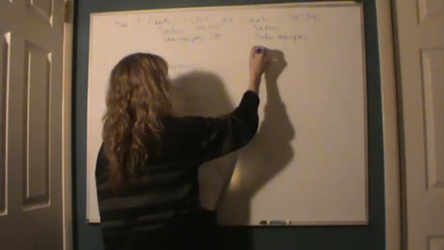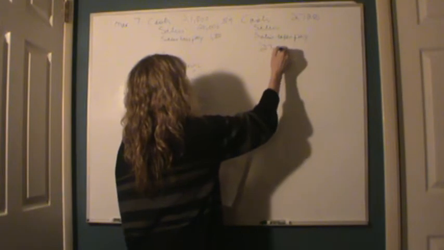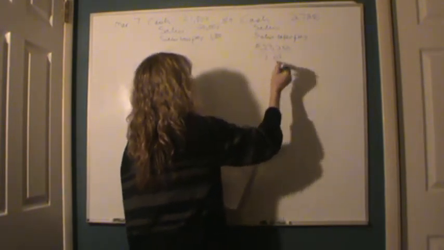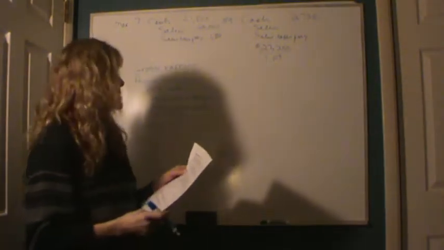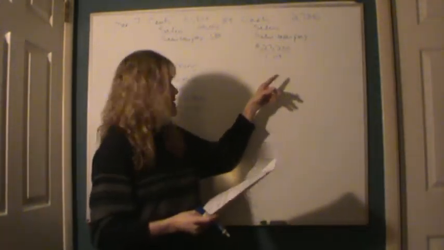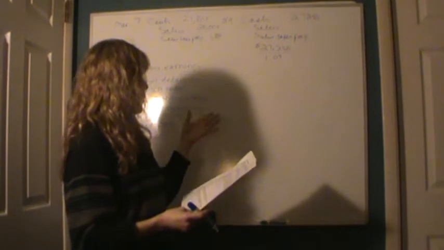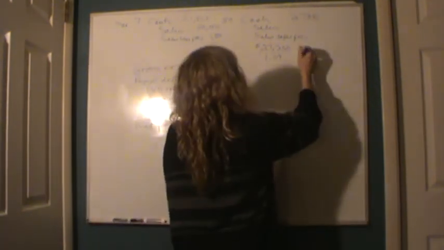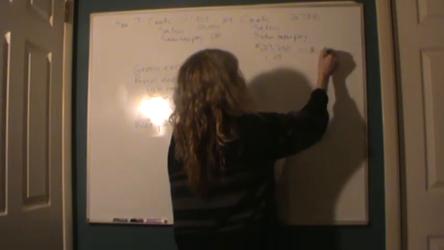All we have to do is take the $27,250 and divide it by 1 plus the tax rate. So our tax rate is 9%. So if we divide that by 1.09, we will get our sales figure. And that would be $25,000.